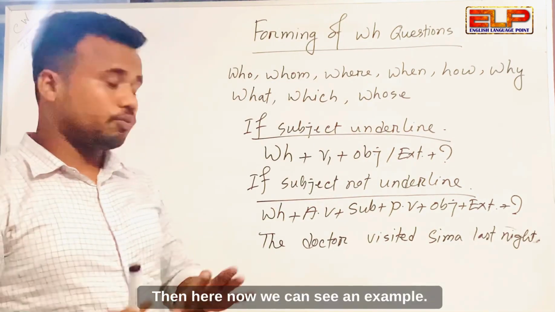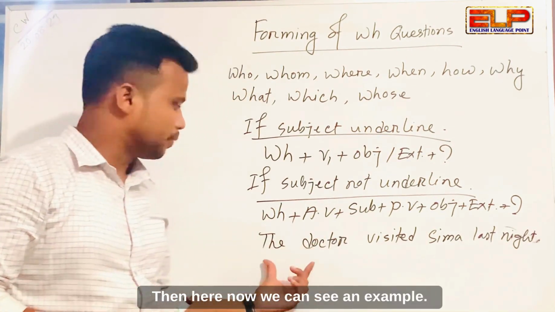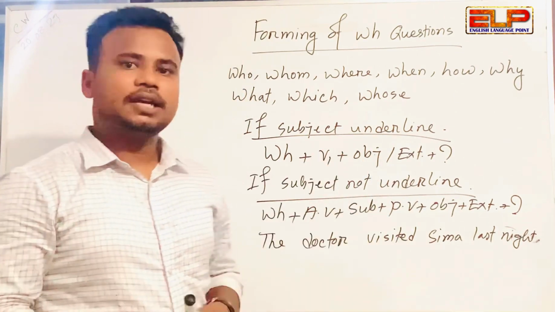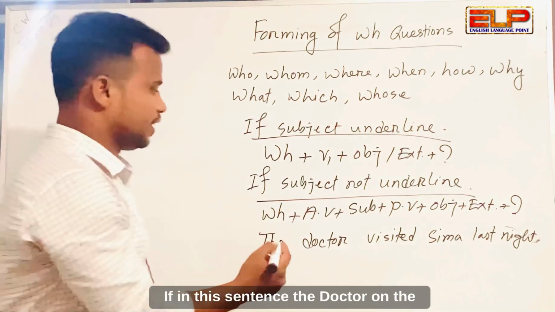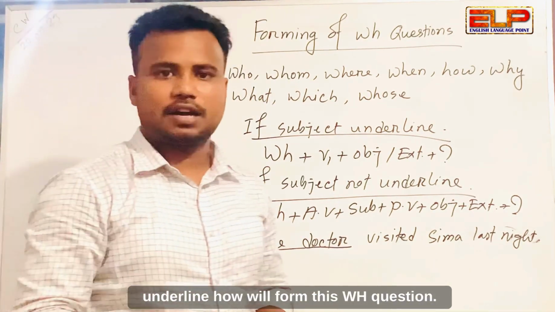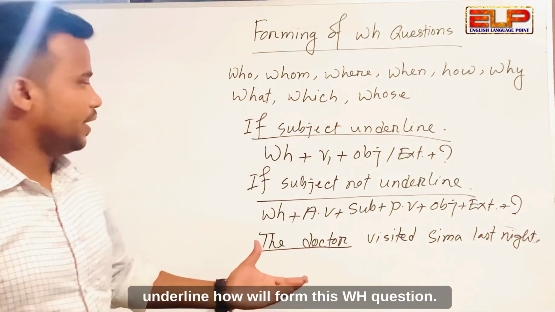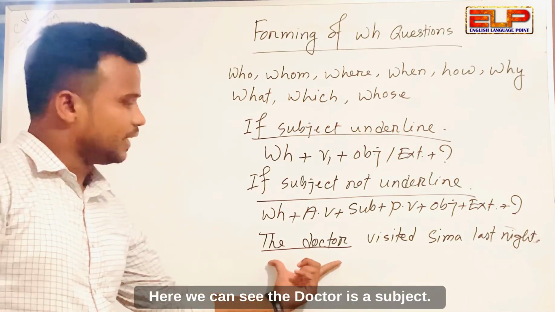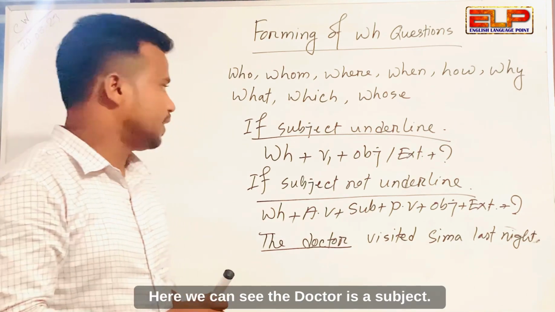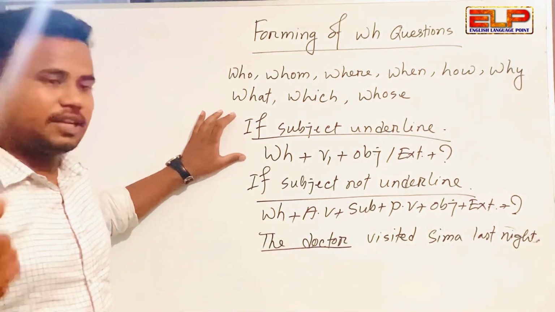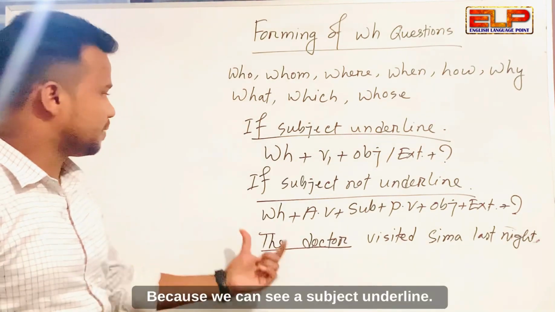Here we can see an example: the doctor visited Shima last night. If in this sentence "the doctor" is underlined, how will we form this WH question? Here we can see the doctor is the subject, so you must follow the first structure, because we can see the subject is underlined.